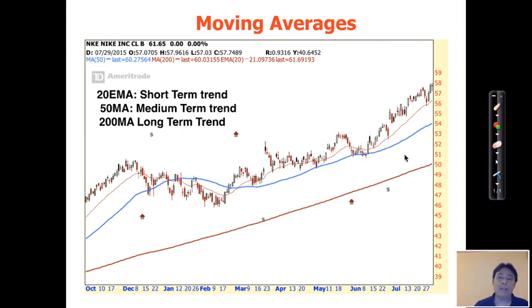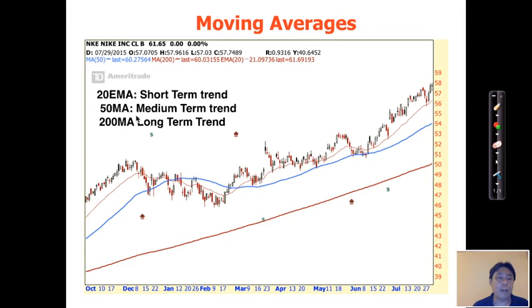You can see that over this period of time, the price was above this red line, the red line was sloping up, so it's on a long-term uptrend. If you are more of a long-term investor, you would take reference to the 200 moving average. You won't be concerned with the short-term trends. You're looking at the longer-term trend, which is the 200 MA, right?